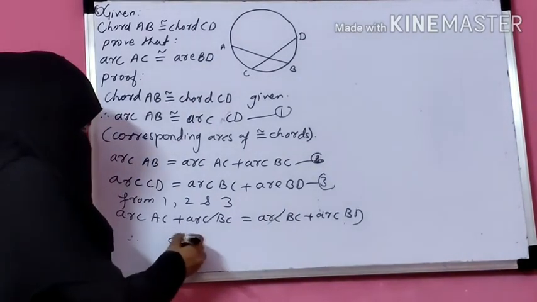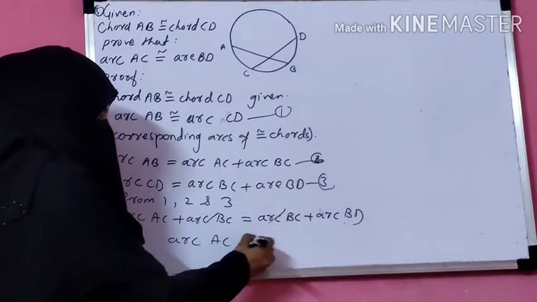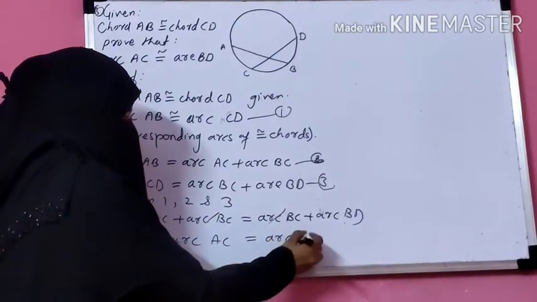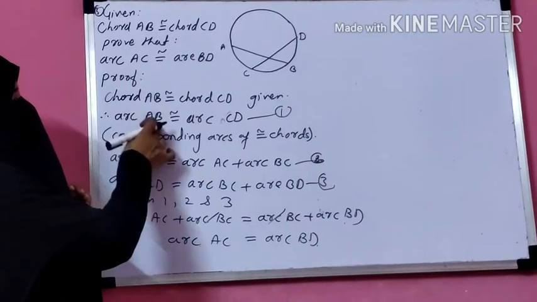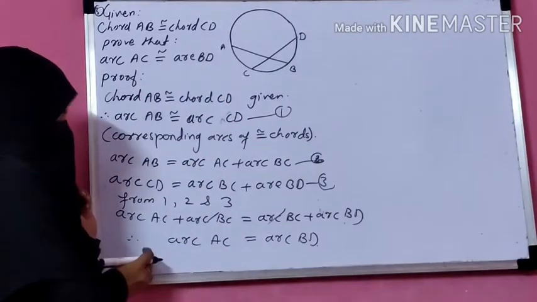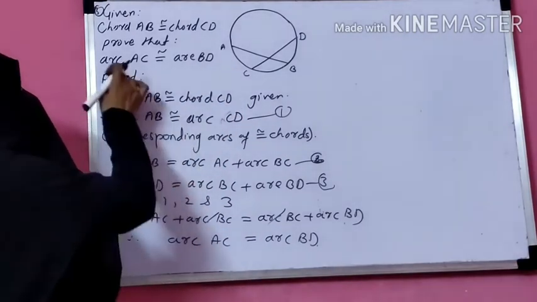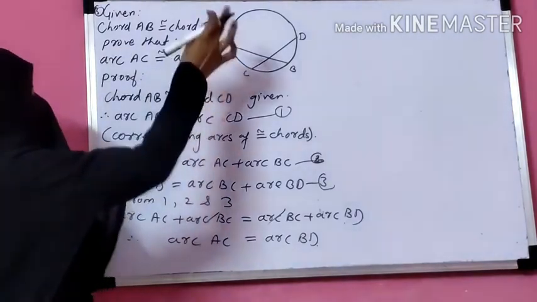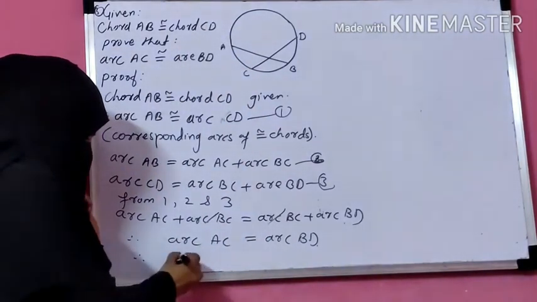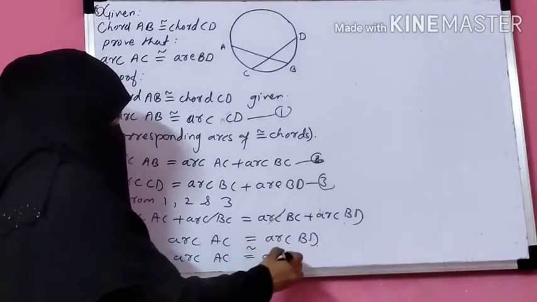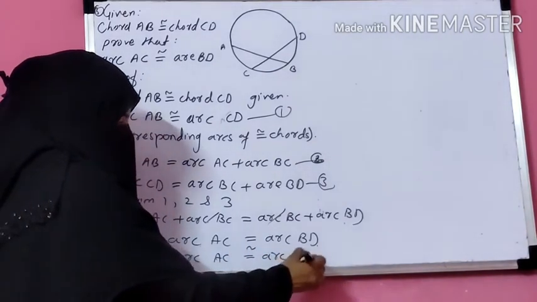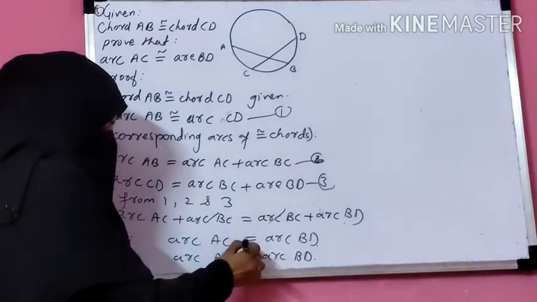So therefore arc AC is equal to arc BD. So here we prove arc AC is congruent to arc BD. Proof? It's very easy.